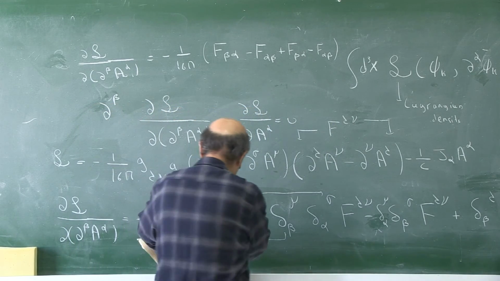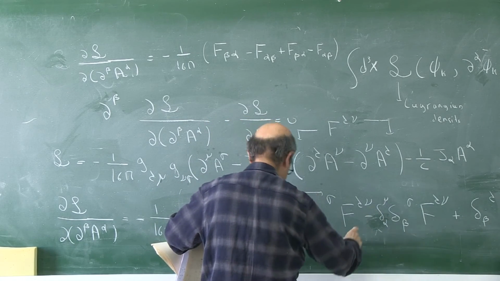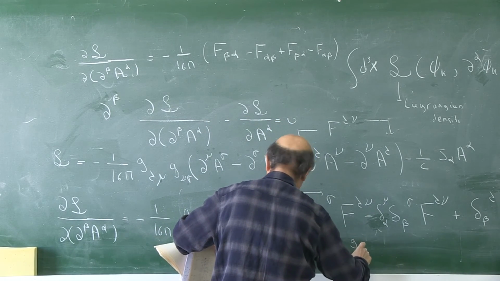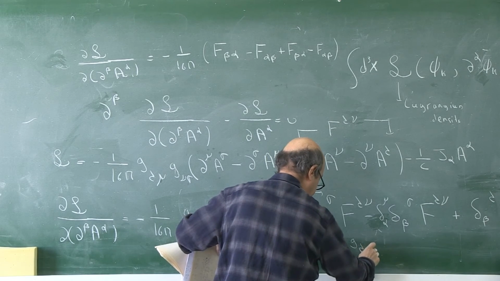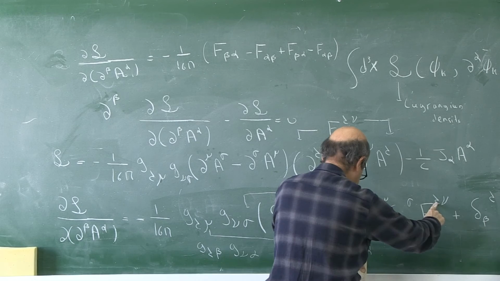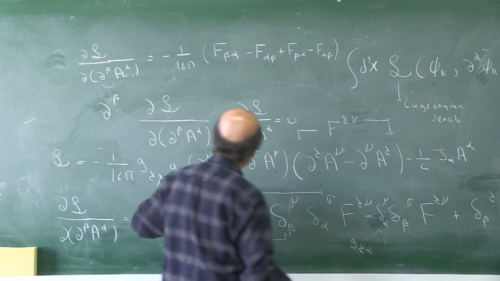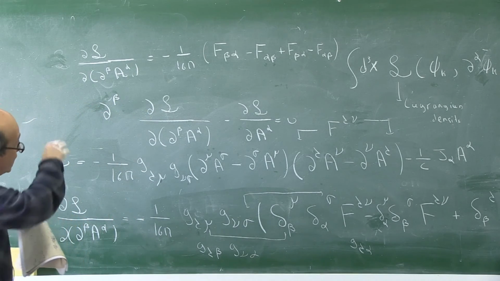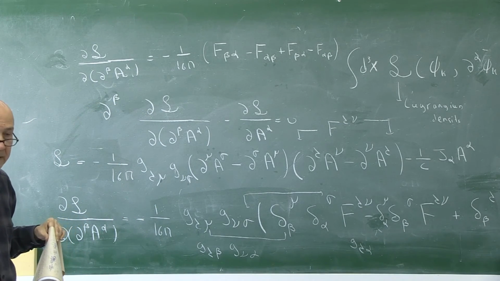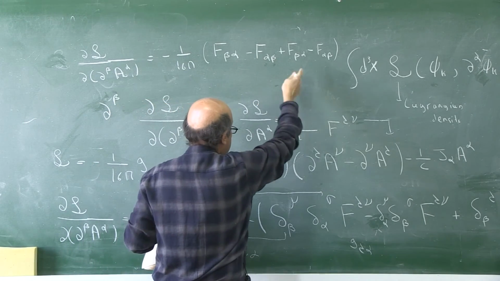So if you act this one, let me write this. Mu and mu, that will be g lambda alpha, and if you act this one, and that will be what? F lambda here, and the other term will come f beta. So what is this? Is it 0? F alpha beta minus f alpha beta, and so on, or not 0? F beta alpha, f alpha beta, and so on.